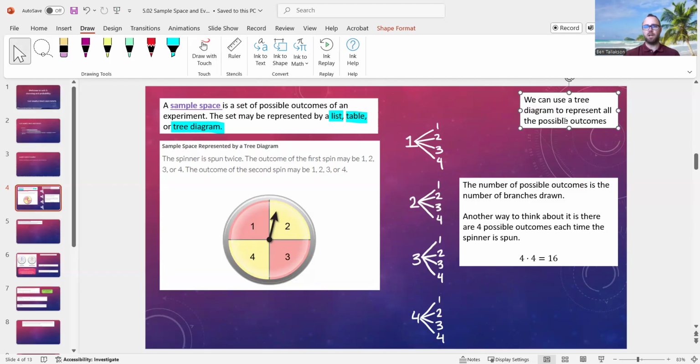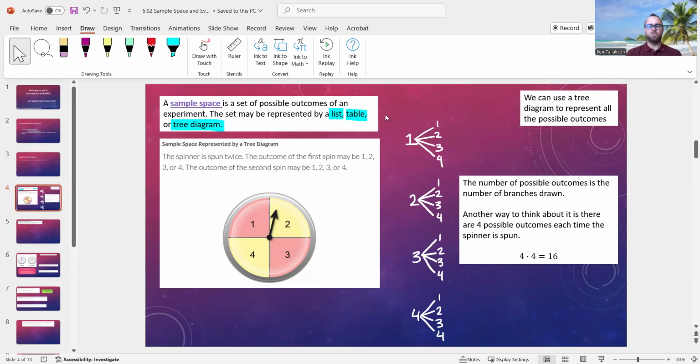So on the right side here, you see this tree diagram, and that's exactly what's happening. This column represents the first spin. You could spin 1 through 4. But in this example, we're being told the spinner is spun twice.